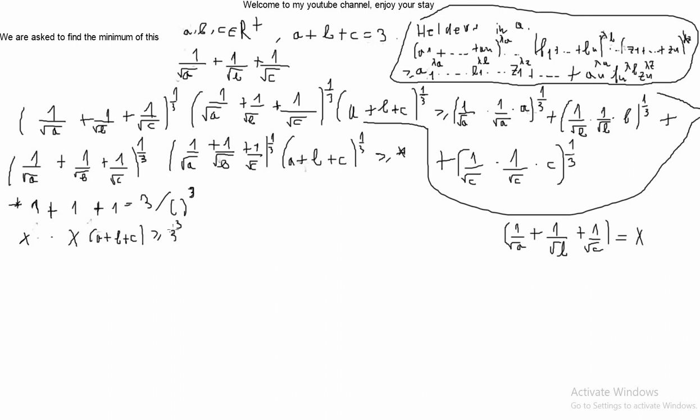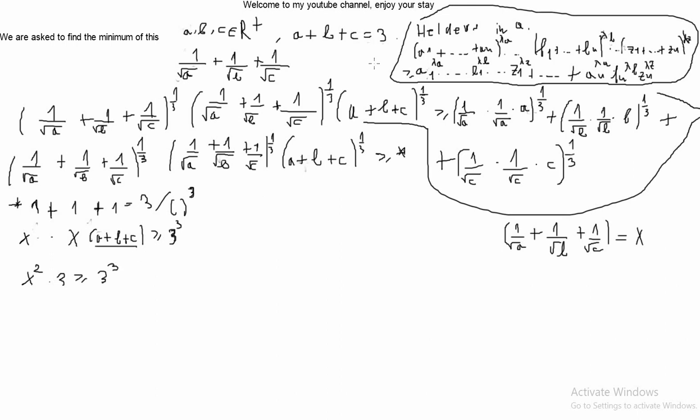This is what we get. And now in the next row we will get x to the power of 2. We can say that this is 2 times this expression, this times this. This 3 is greater or equal than 3 to the power of 3.